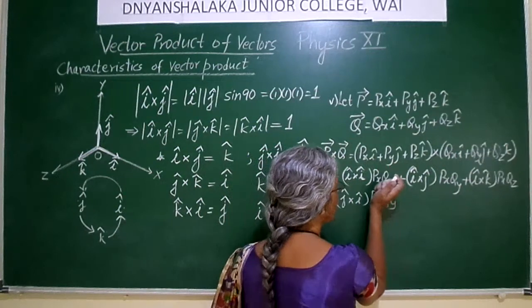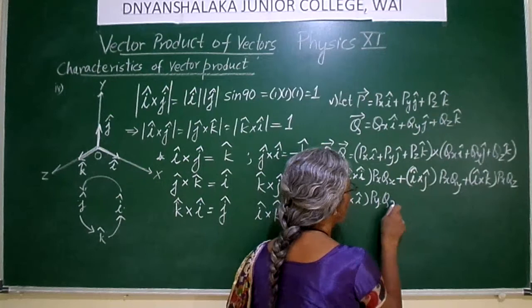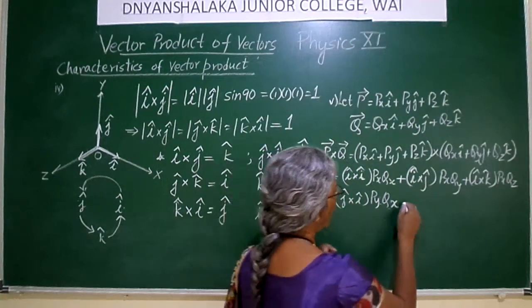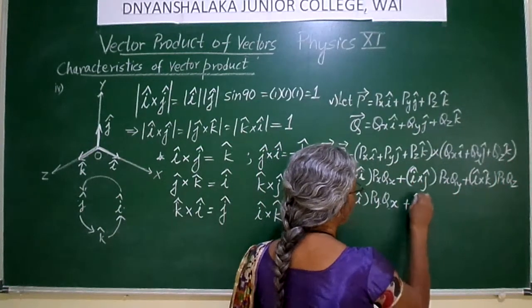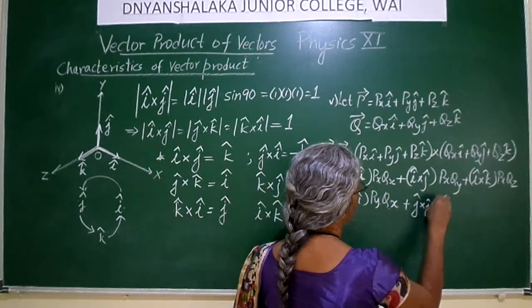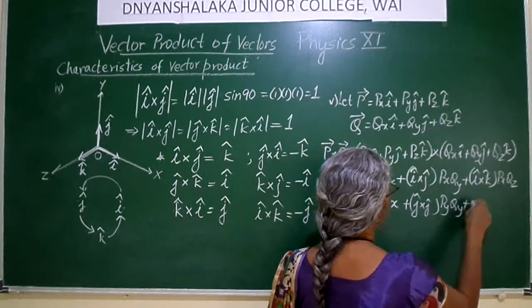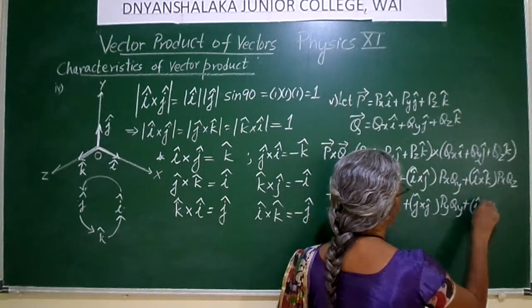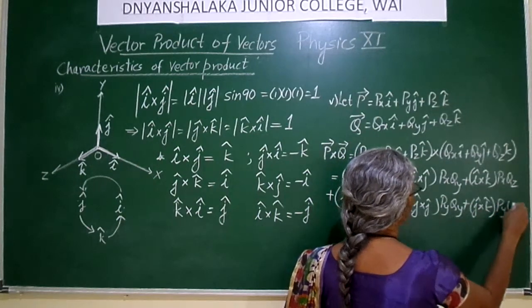Taking the second term, vector j cross vector j into py qy plus vector j cross vector k into py qz.